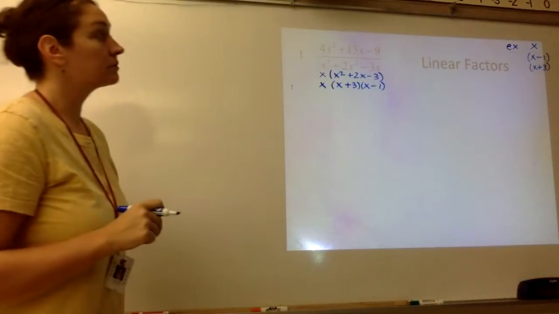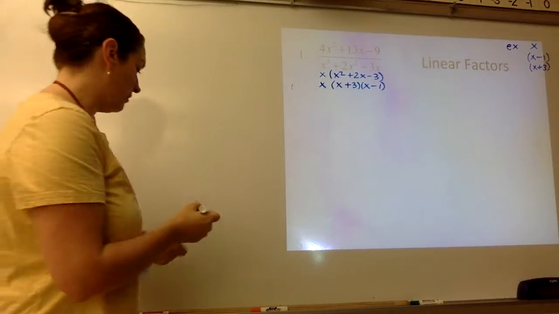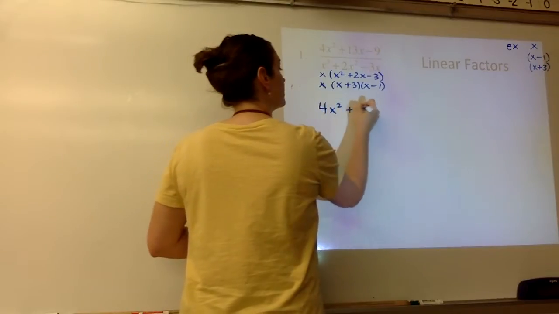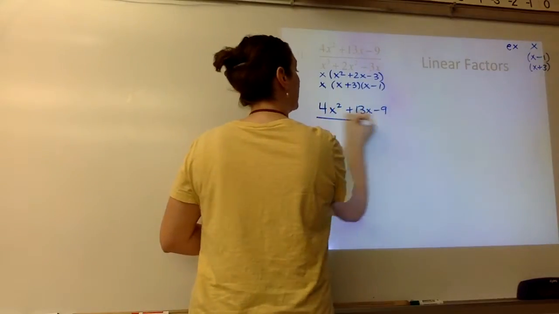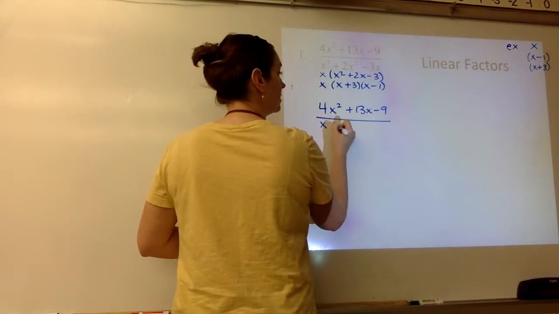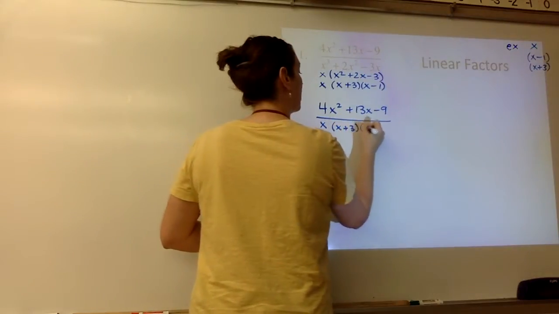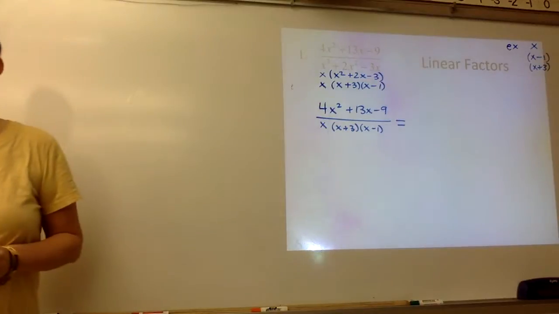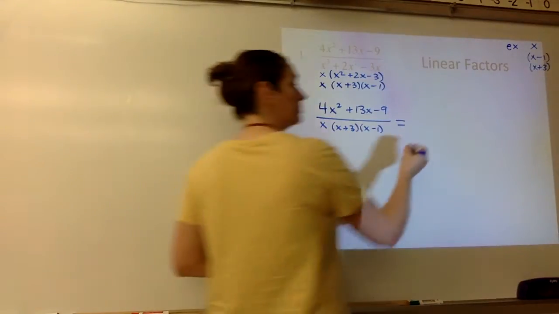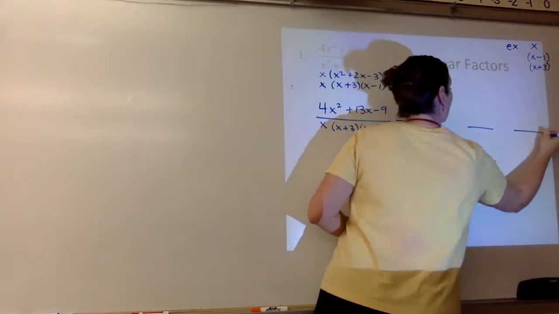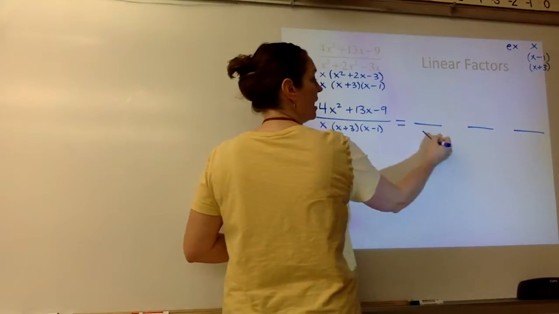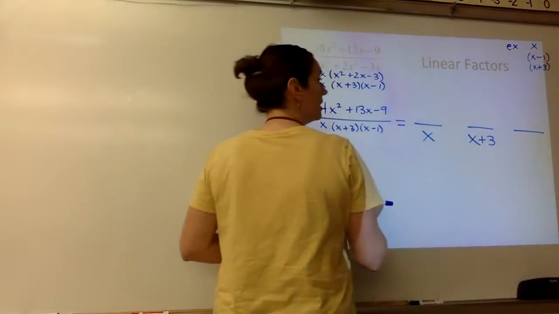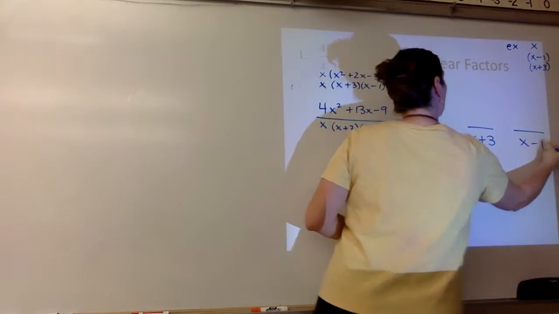Now, if I take my original problem, 4x squared 13x minus 9, I rewrite it. I'm going to set it equal to the sum, for now, of 3 fractions. One fraction, denominator x. One fraction, denominator x plus 3. One fraction, denominator x minus 1.